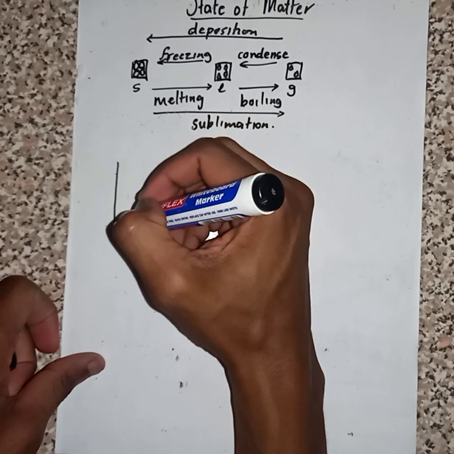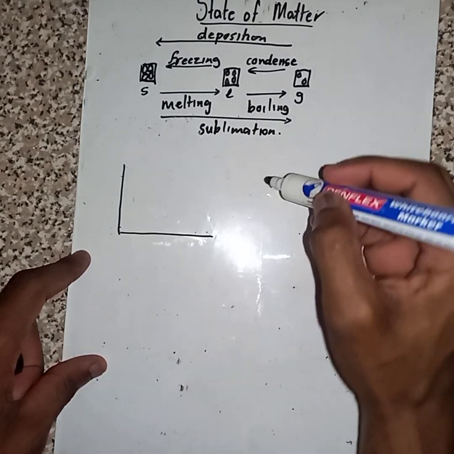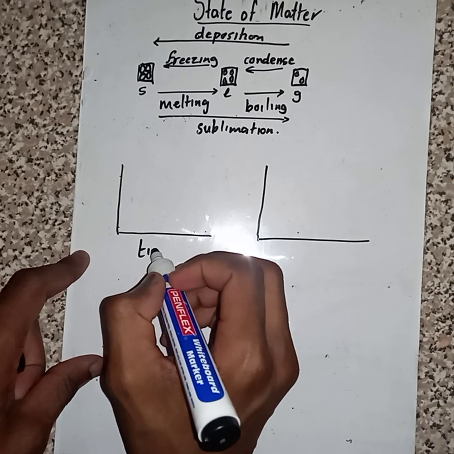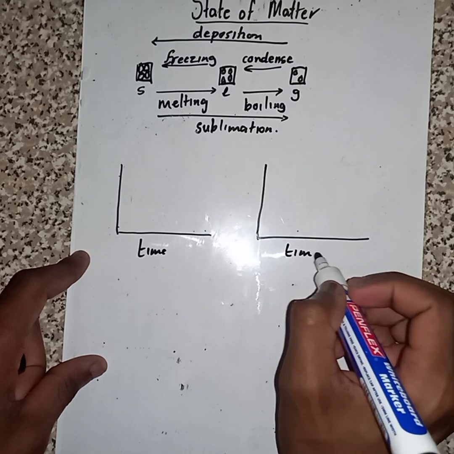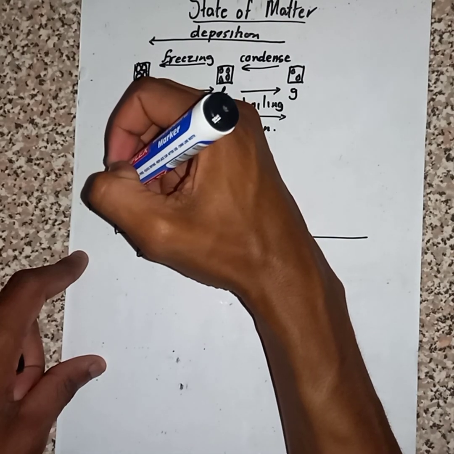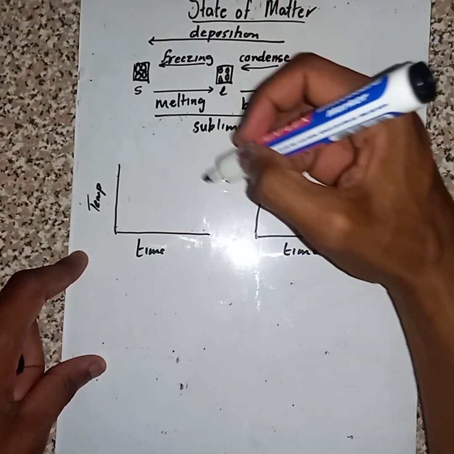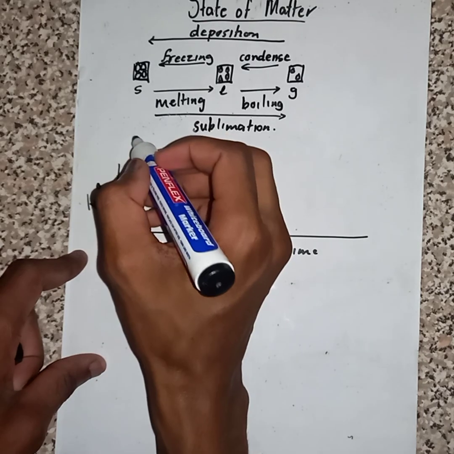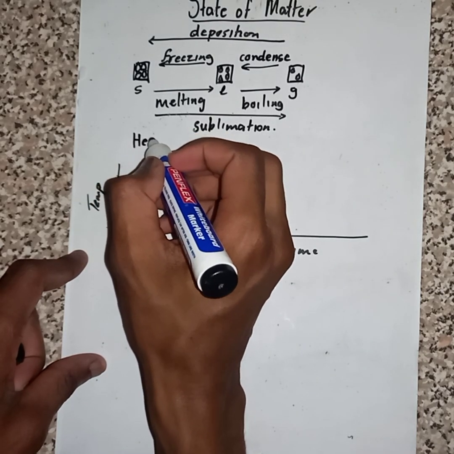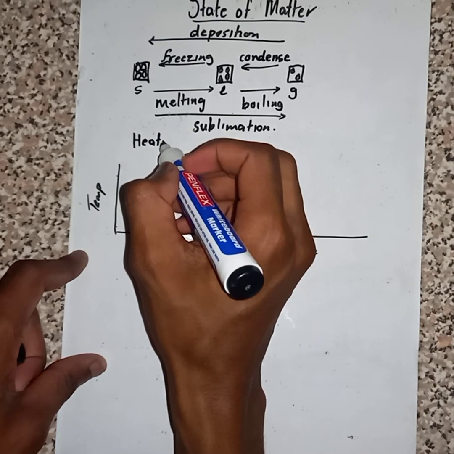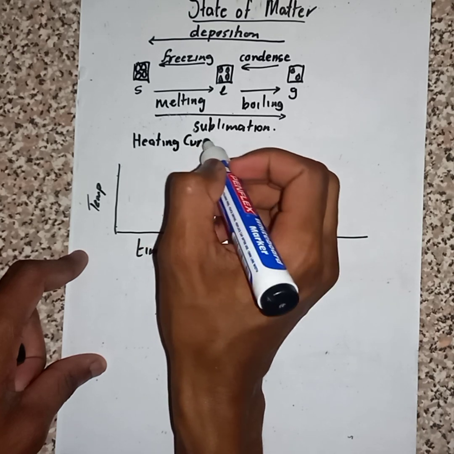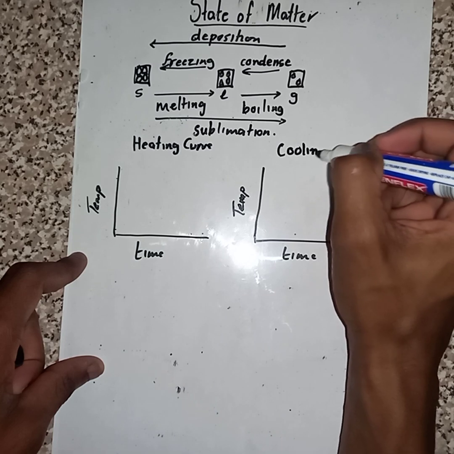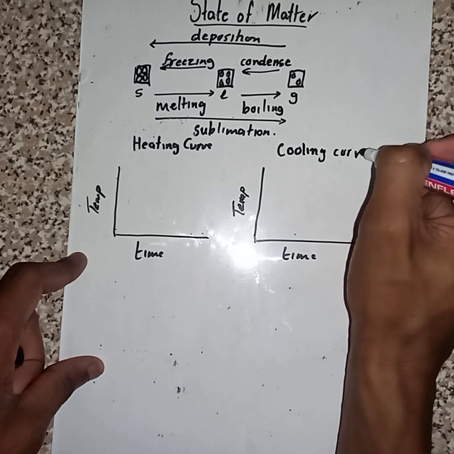We have the first curve here and the second curve here. Then we have time this side. We have temperature this side. I'm going to write a heating curve this side. I also have a cooling curve this side.